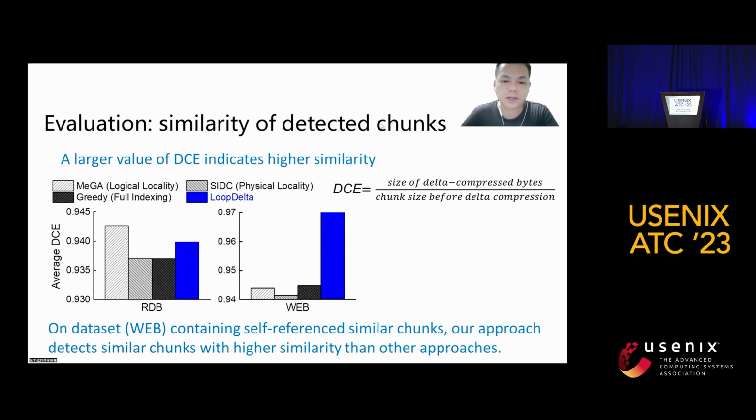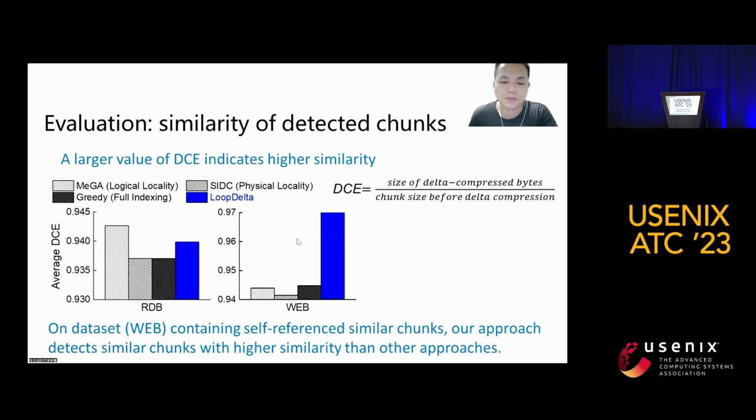We use average data compression efficiency to measure the similarity of detected similar chunks. We call it DCE for short. A higher value of DCE indicates a higher level of similarity. This figure indicates that our approach achieves a higher DCE than the other approaches on the web dataset.